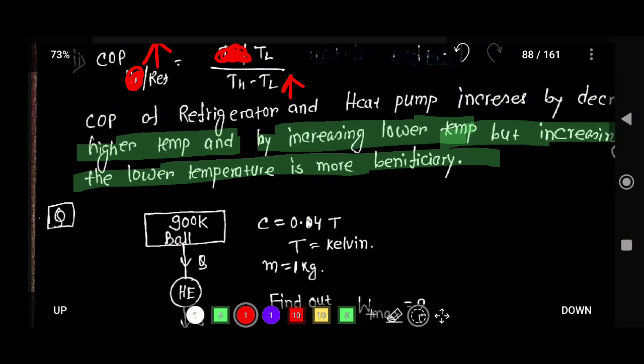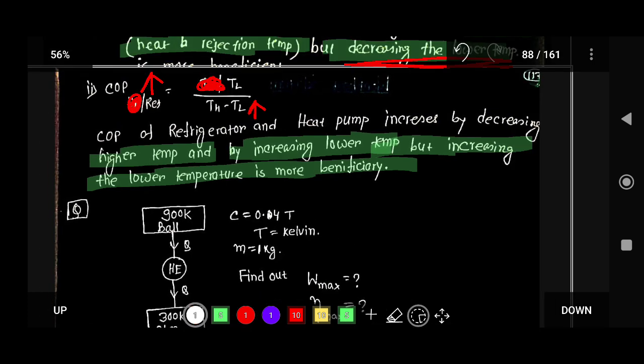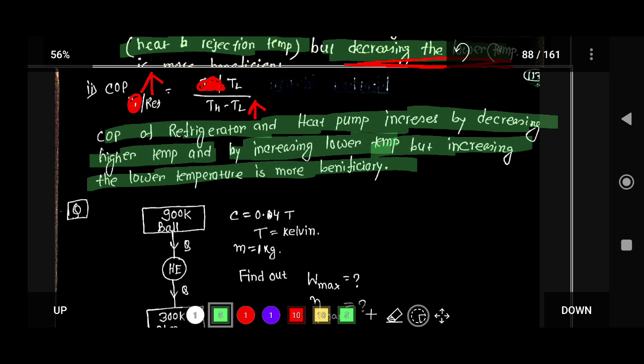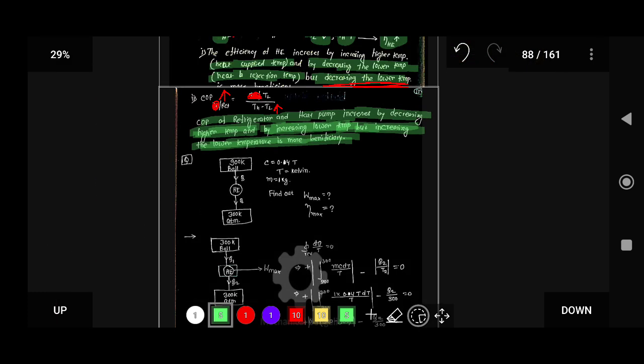So this is written here: the COP of a refrigerator and heat pump increases by decreasing the higher temperature and by increasing the lower temperature, but increasing the lower temperature is more beneficial. So this is all about the COP for heat pump and refrigerator.